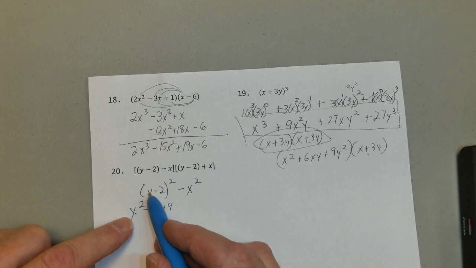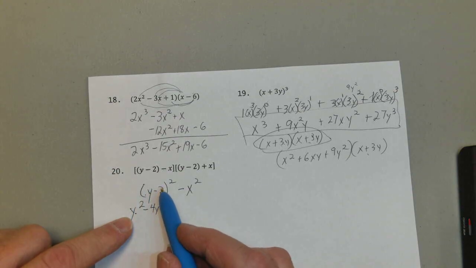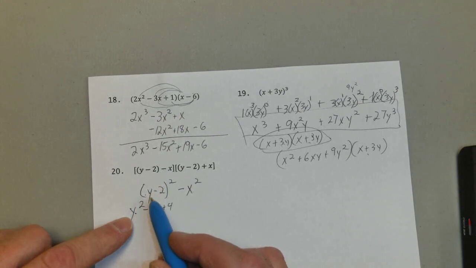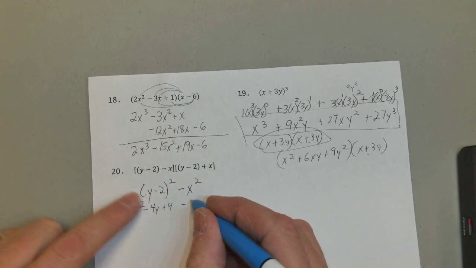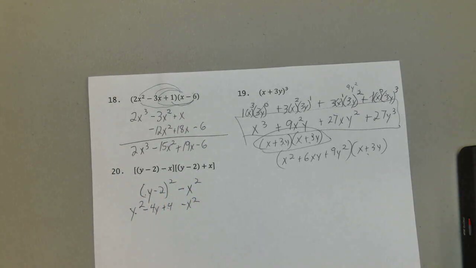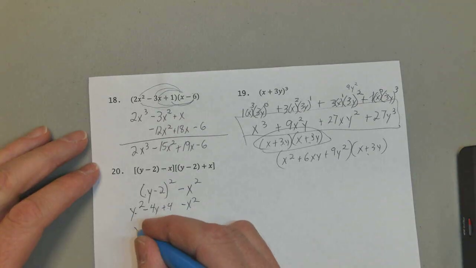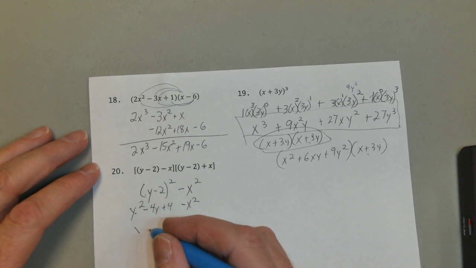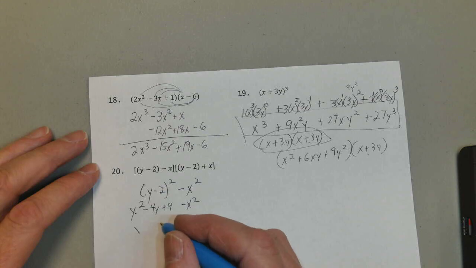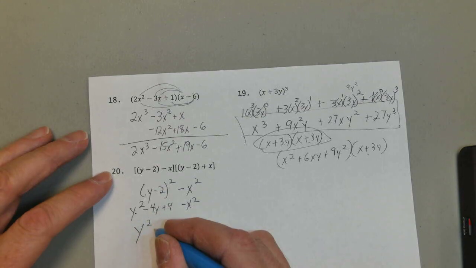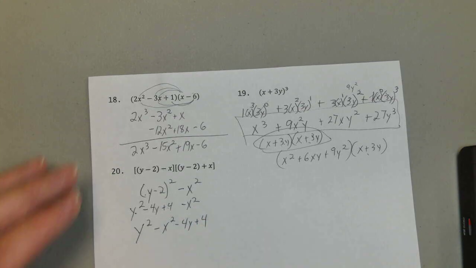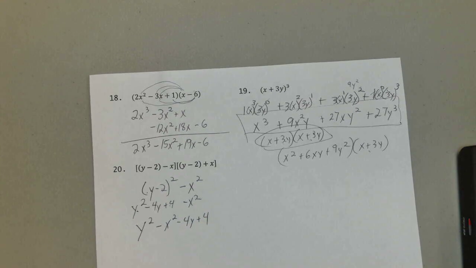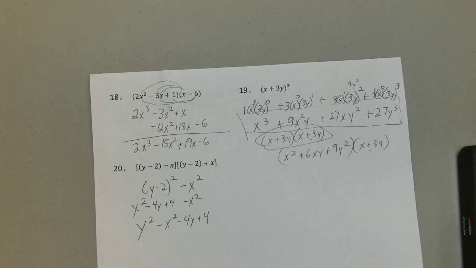You take the first term, square it. 2 times the first term times the second term is the middle term, and then the last term squared. And then I have this minus x squared. These are not like terms. We could rearrange it a little bit. Y squared minus x squared minus 4y plus 4. All right, there you go. As far as the review.